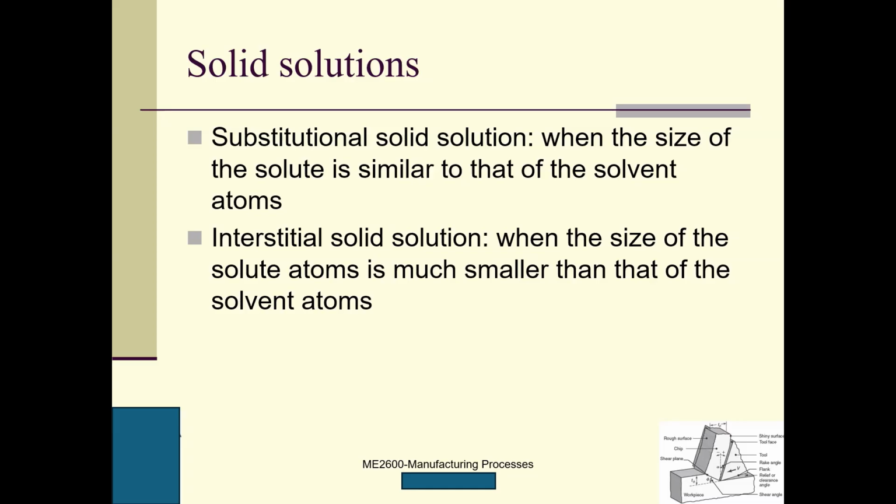As a result, these impurity atoms can stay inside the space between the atoms of the majority material, the solvent atoms. So we will have the substitutional solid solution and the interstitial solid solution.